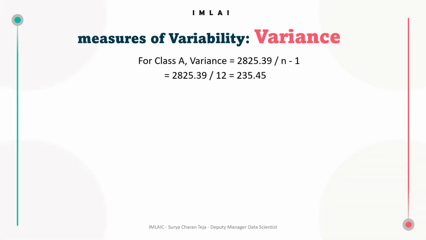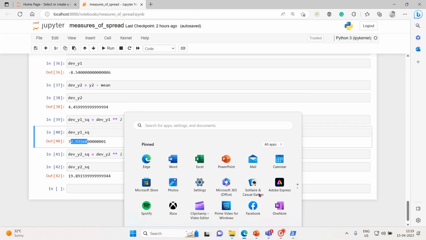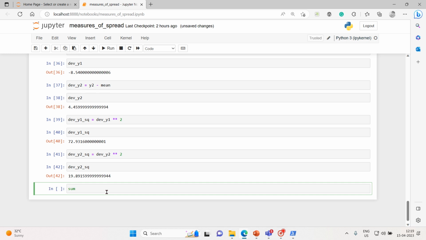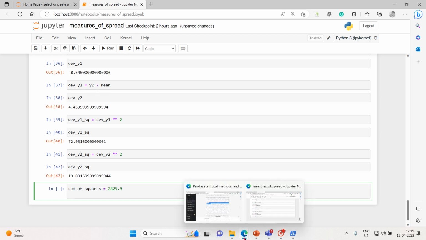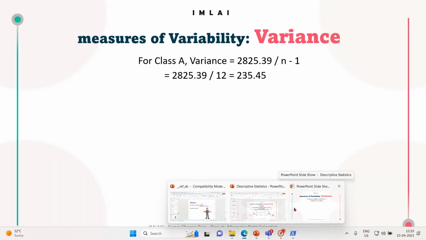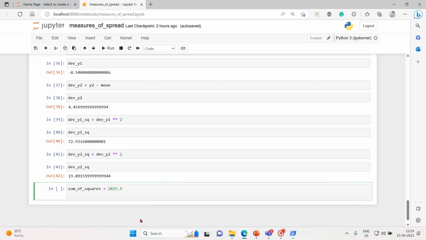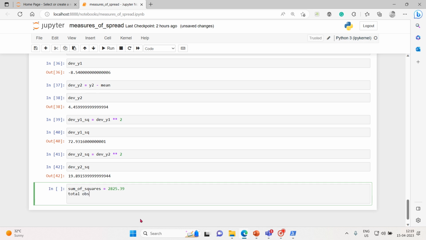The sum of squares is 2825.39, and the sample size is 13.